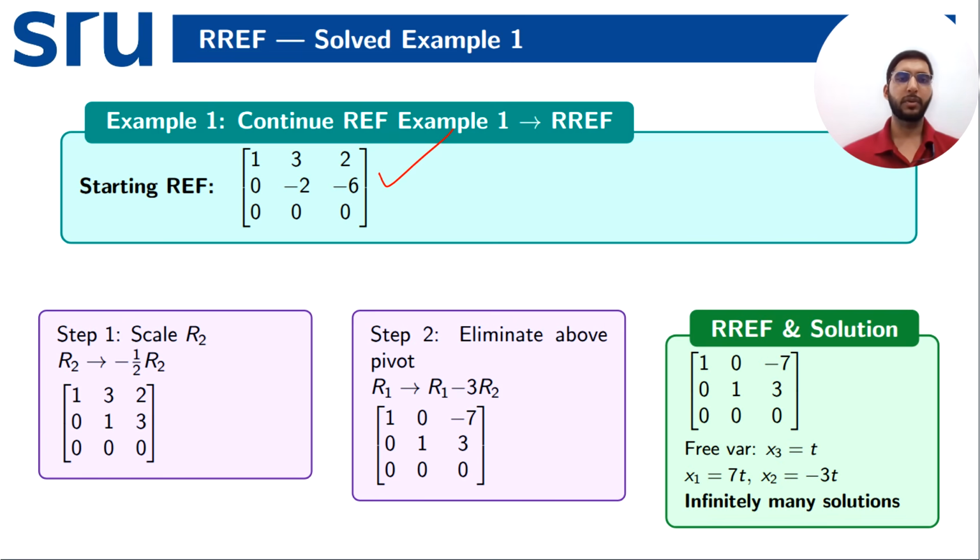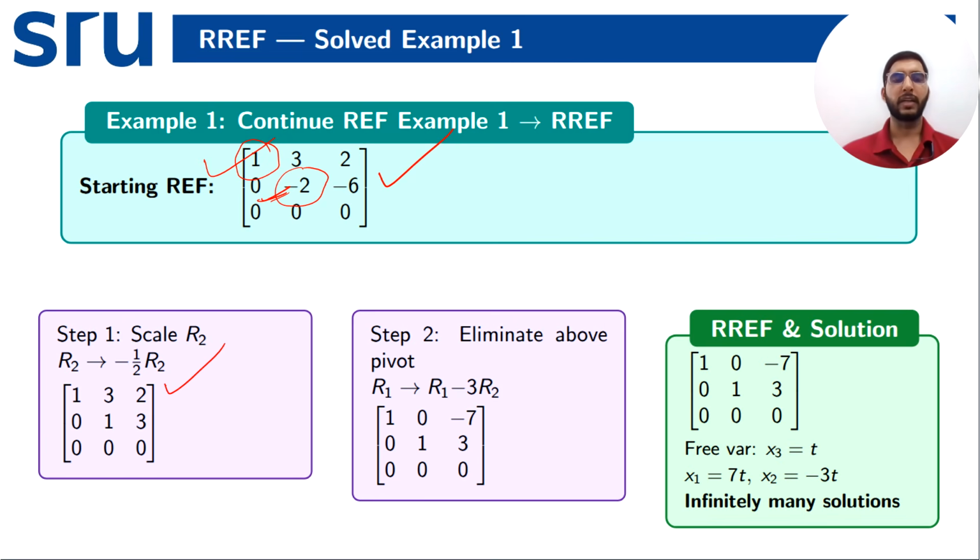The two pivot entries are here, that is 1 and -2. We need not change this one, but we need to make this entry -2 as 1. So row 2, I am multiplying with minus half, so that it becomes this form after step 1.